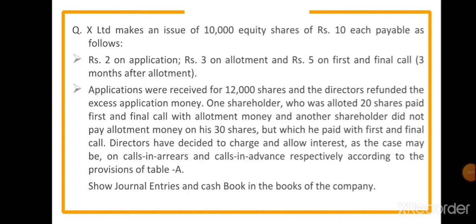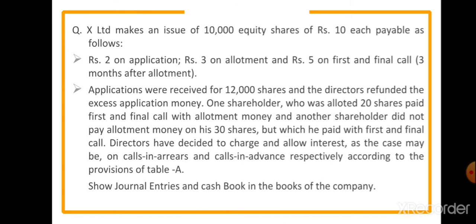Limited makes an issue of 10,000 equity shares of rupees 10 each, payable as follows: rupees 2 on application, rupees 3 on allotment, and rupees 5 on first and final call 3 months after allotment. Applications were received for 12,000 shares and the directors refunded the excess application money.